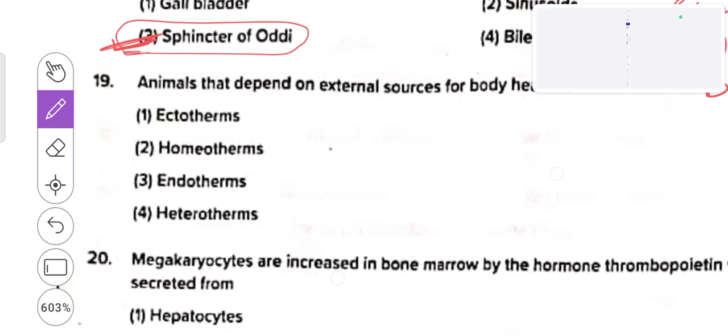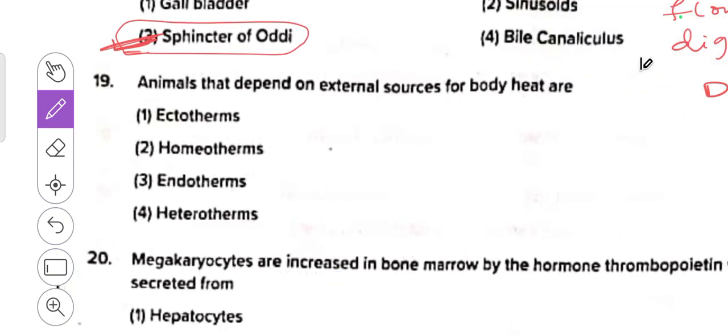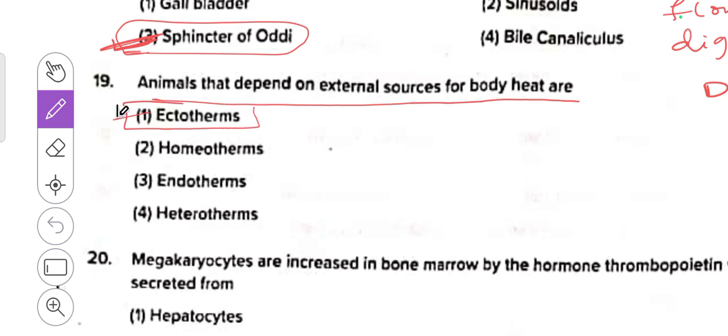The next question: animals that depend on external sources for body heat are called ectotherms. These ectotherms are commonly called cold blooded animals.